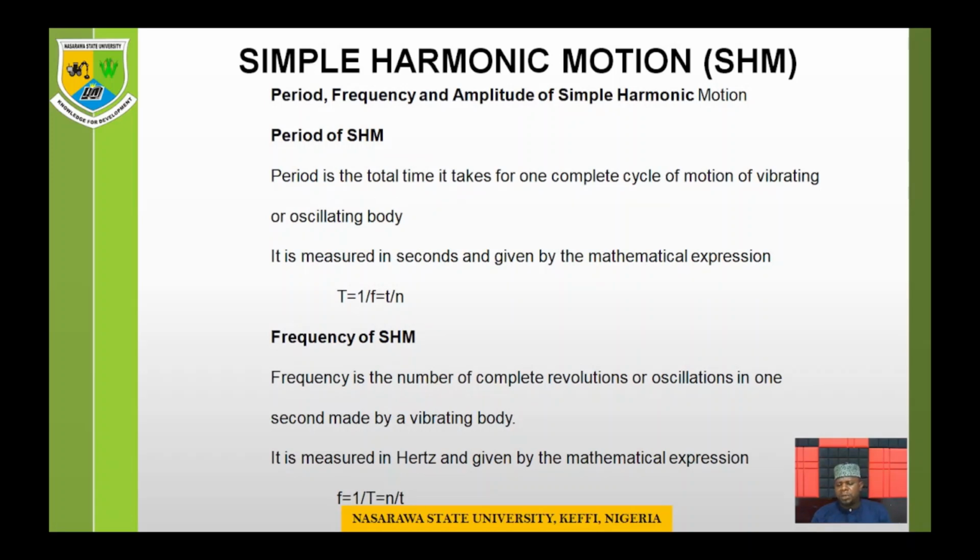Again, under simple harmonic motion, we have period, frequency, and amplitude. The period of simple harmonic motion is the total time it takes for one complete cycle of motion of a vibrating or oscillating body.